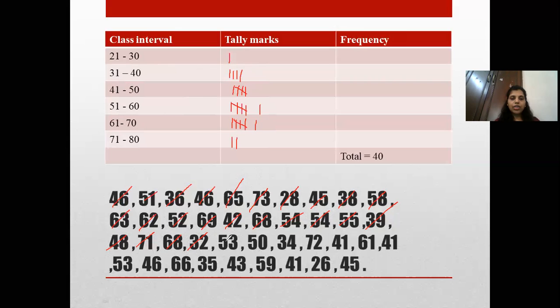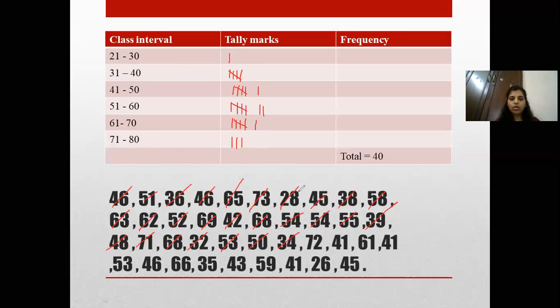Strike off 53. It will be between 51 to 60. 50, strike off. It will be 41 to 50. 34 and put 1 line. Now you can see 4 lines are there. So I'll just put a slant line. 72, 71 to 80.